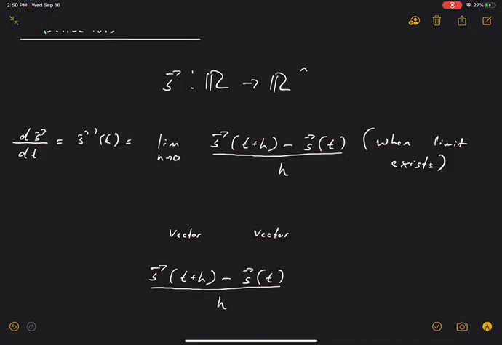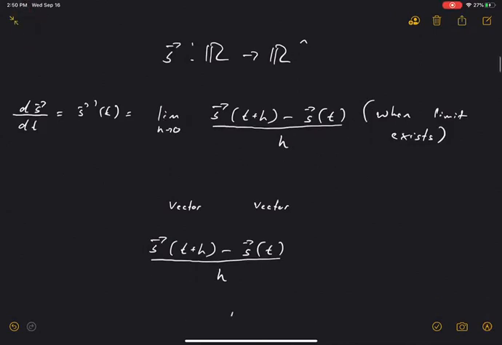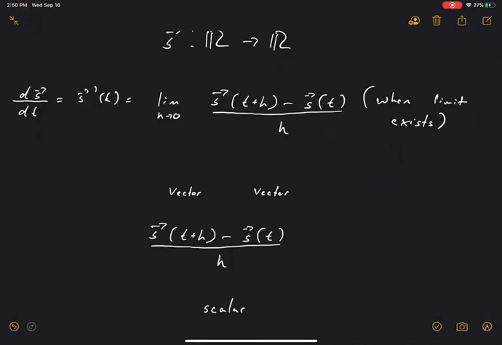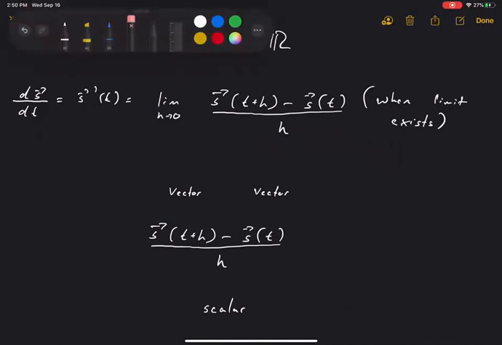So this fraction is set up the exact same way as in our single variable case. But maybe we have a little bit different interpretation of it. We just need to look at the kind of inputs and outputs.